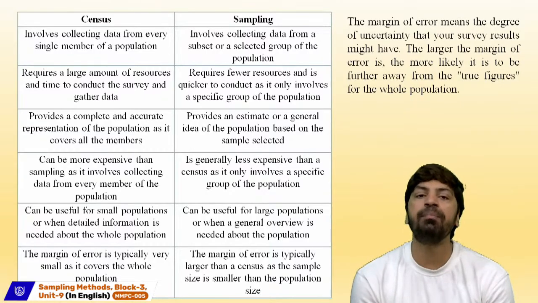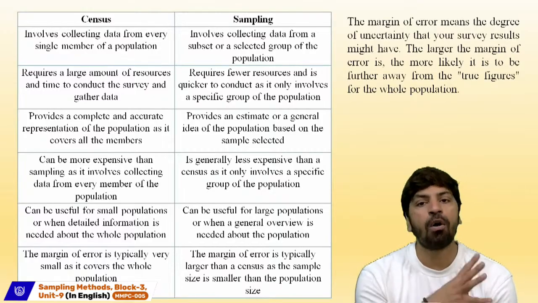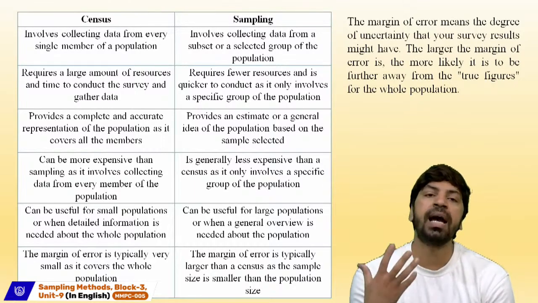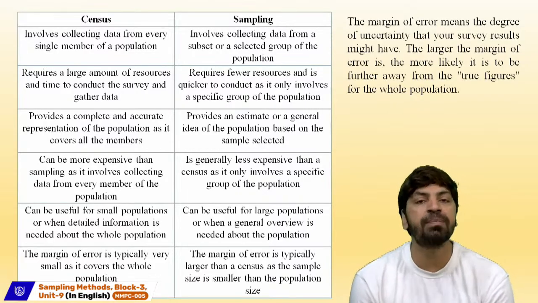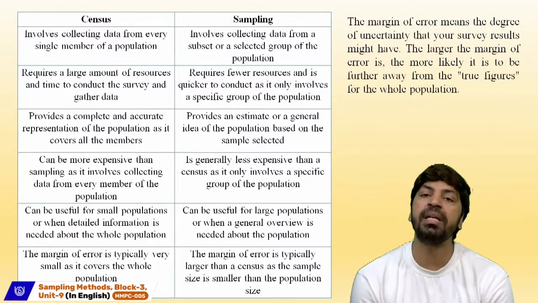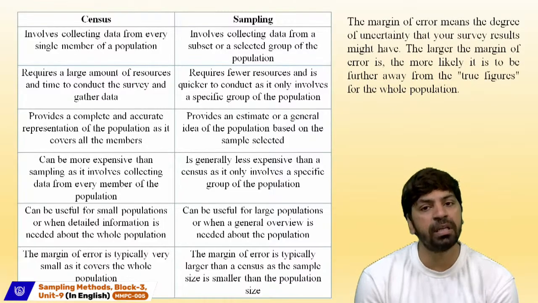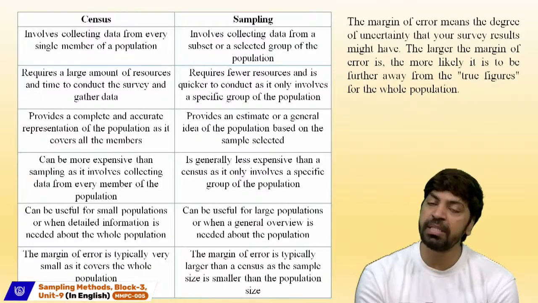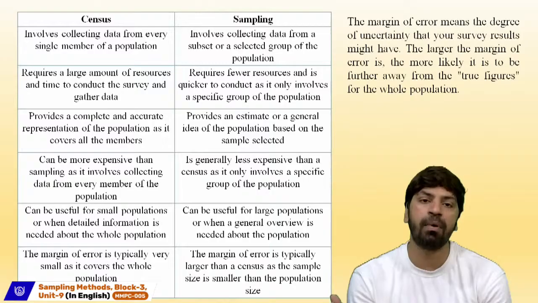But sampling provides an estimation or a general idea of the population based on the sample a researcher has selected for the study. Sampling is less expensive than the census because it only includes a specific group of the population, while the census is more expensive because it includes every member of the population.